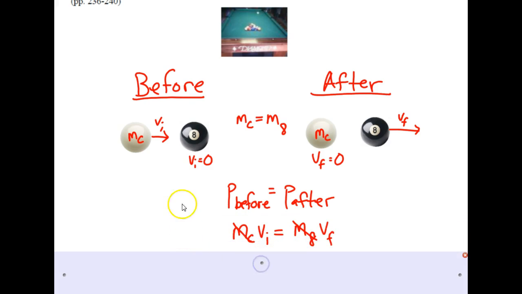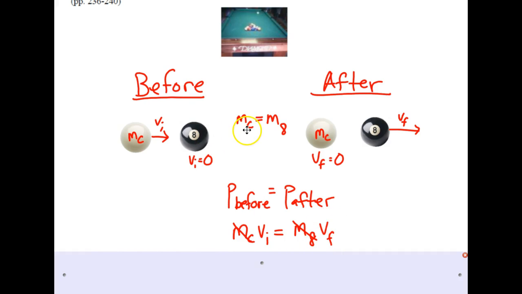Before collision, the only object that had momentum was the cue ball because it was the only one moving. So its momentum would be mass of the cue ball times its initial velocity. After collision, the only object that has momentum is the 8 ball because it's the only one that's moving. So we express its momentum as mass of the 8 ball times its final velocity.